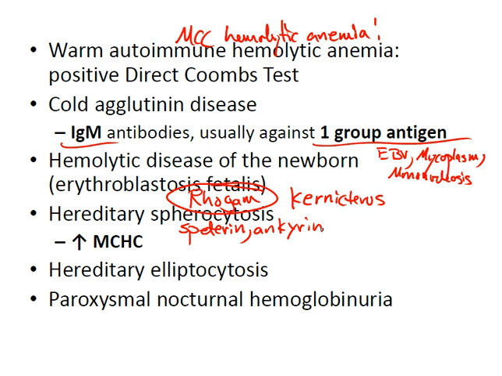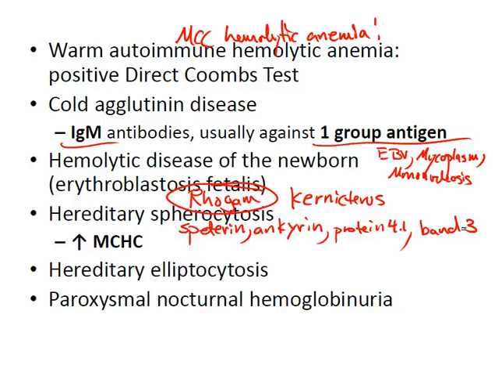Spectrin and ankyrin are the most commonly affected ones, and also protein 4.1. I know I used to hate memorizing this stuff. And band 3. Alright, so spectrin, ankyrin, protein 4.1, and band 3, all with hereditary spherocytosis.